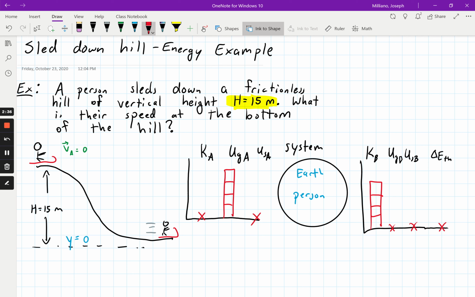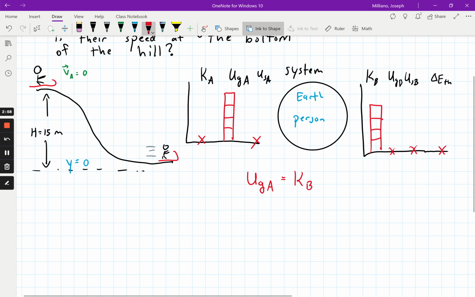Nothing is stretching, and it was a frictionless hill. So the 4 blocks of gravitational potential energy become 4 blocks of kinetic energy in the end. As an equation, this says that the gravitational potential energy in snapshot A is equal to the kinetic energy in snapshot B. All right, and now we can use this to compute the speed at the bottom of the hill.